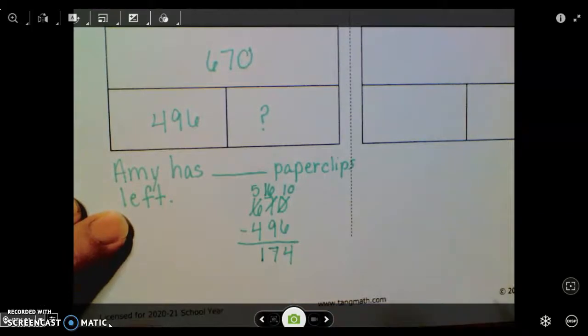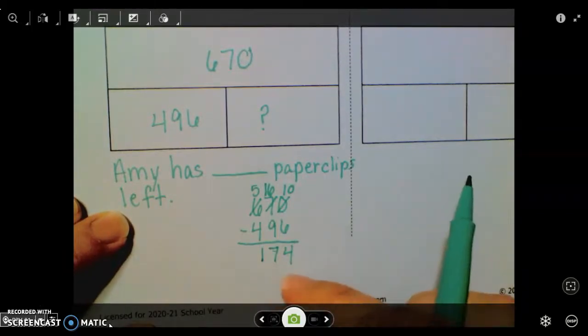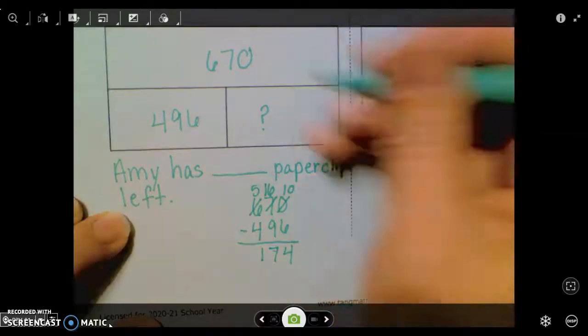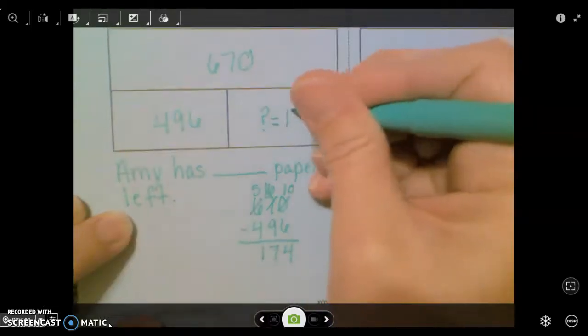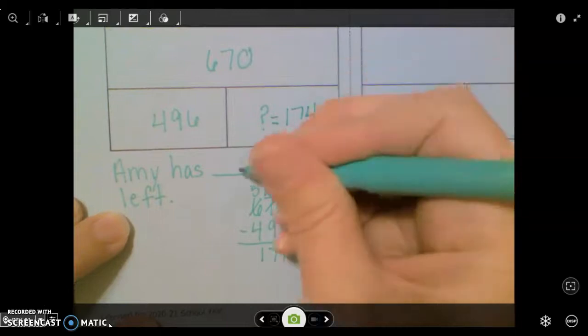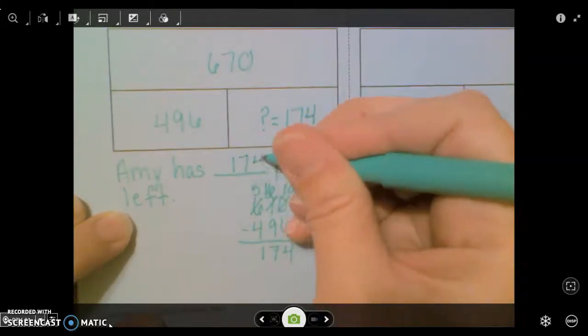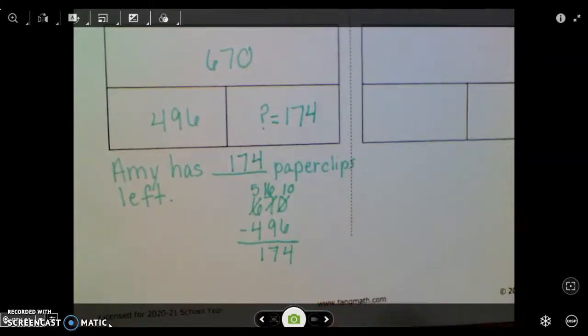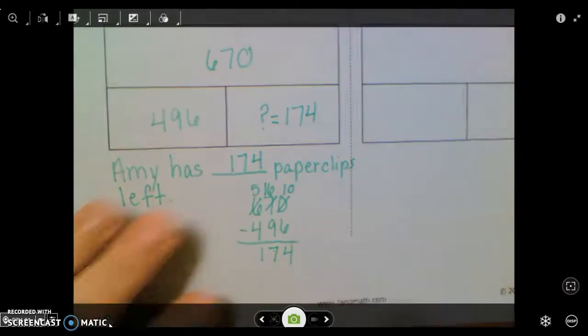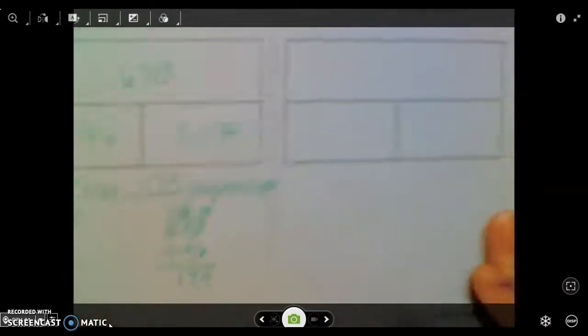Now I know that Amy has 174 paper clips left. That is my unknown. So I want you to fill in 174 in our statement. Okay. Let's do our next problem.